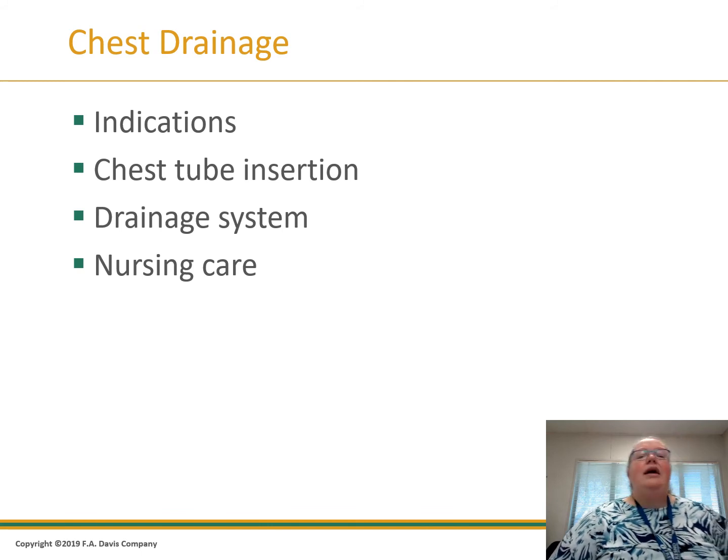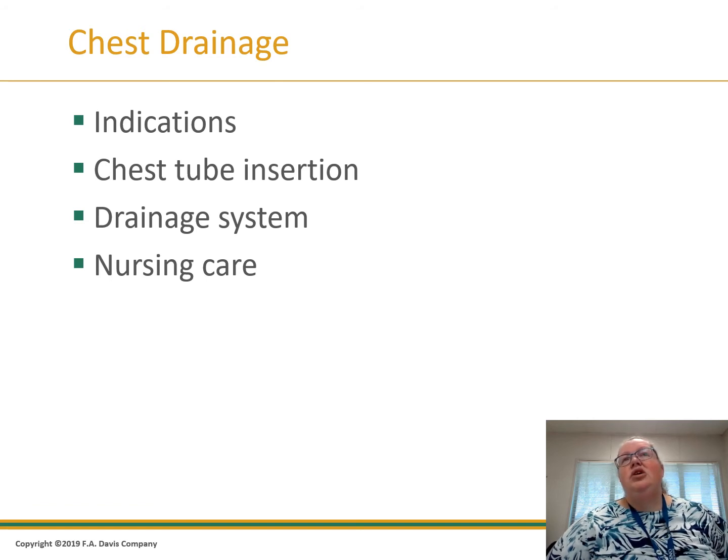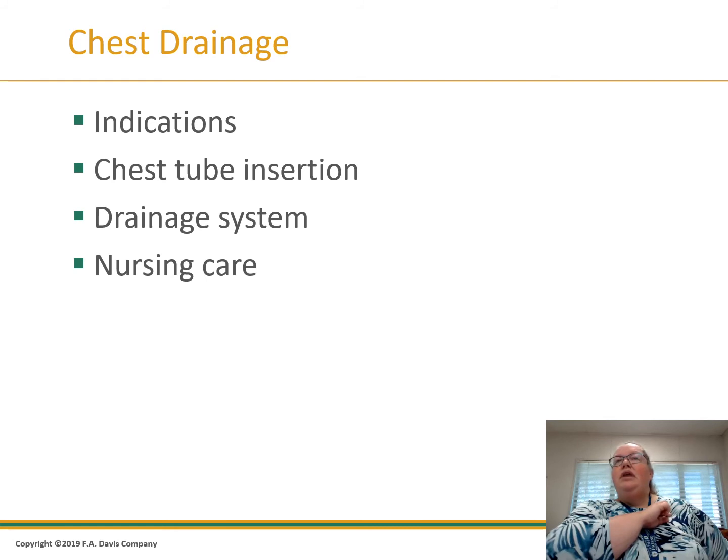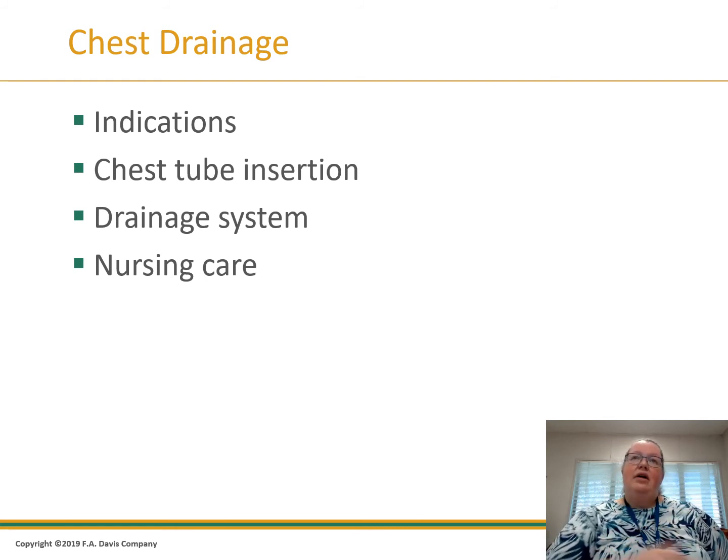Any of these could be an indication that there's tension on the lungs and we need to empty out the pleural space. A chest tube inserted will help drain any fluids. If it's air that's causing the lung to collapse, then we put the chest tube higher so the lung can expand.